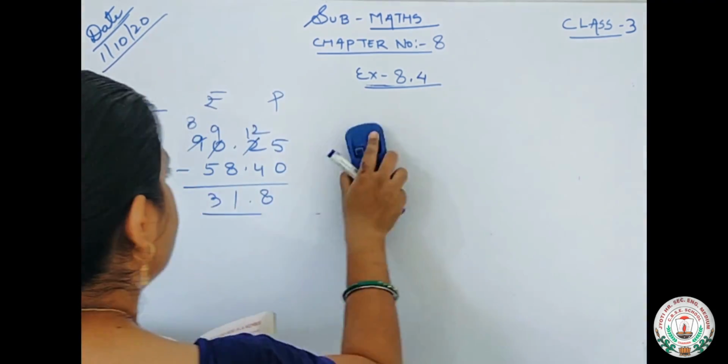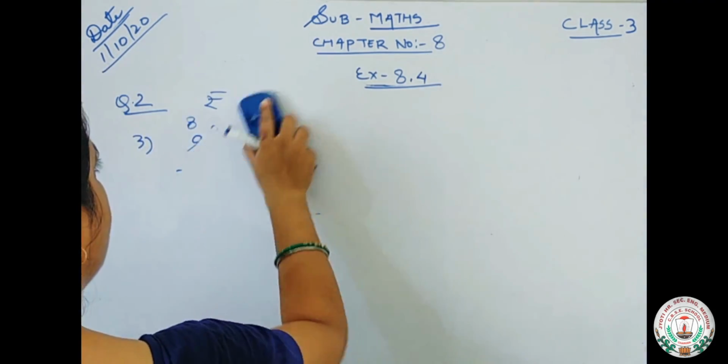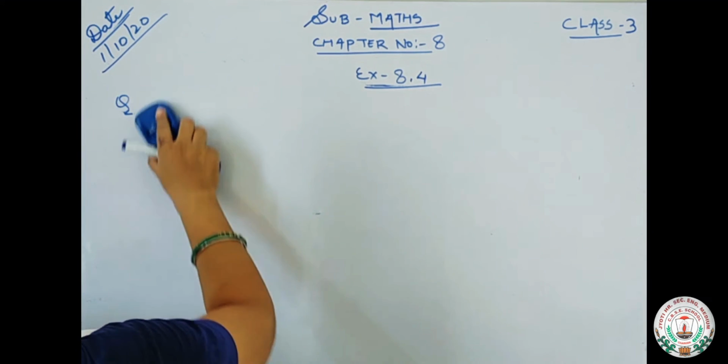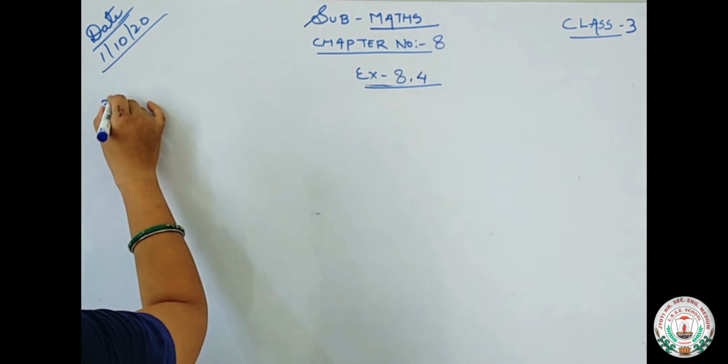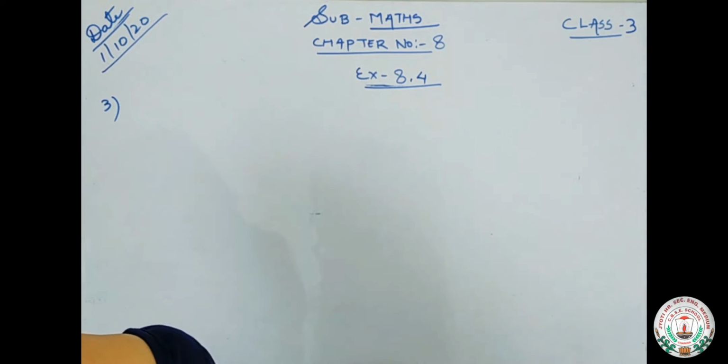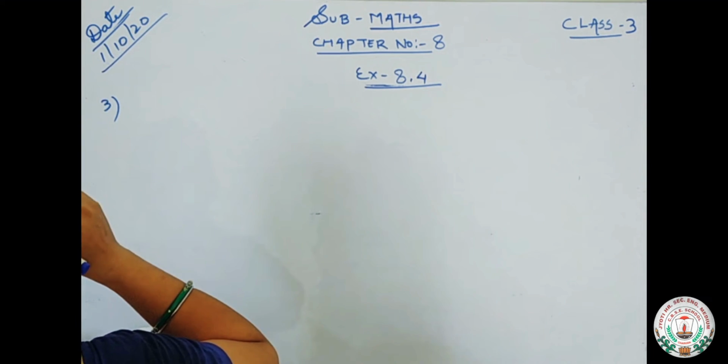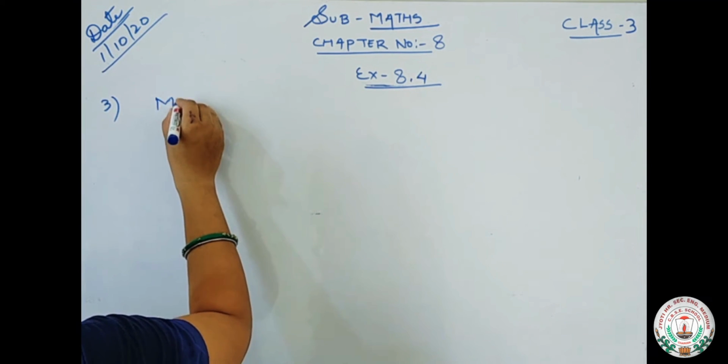Now next is word problem. Question number 3. I had rupees 280. I bought books for rupees 165.75. How much money was left with me? What was the total amount I had?